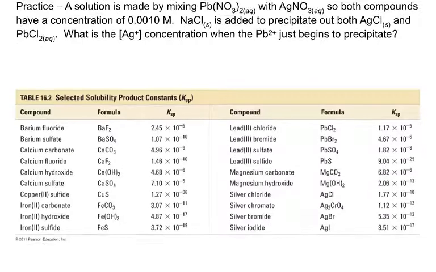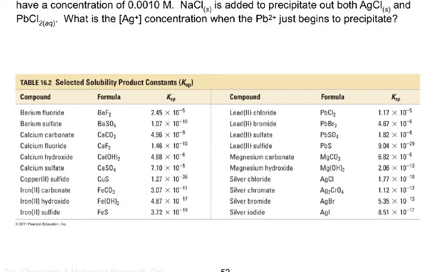And we have selected solubility product constants. We're going to want to know our lead(II) chloride right here and our silver chloride right here. So, thinking about this, we are going to want to figure out our chloride.